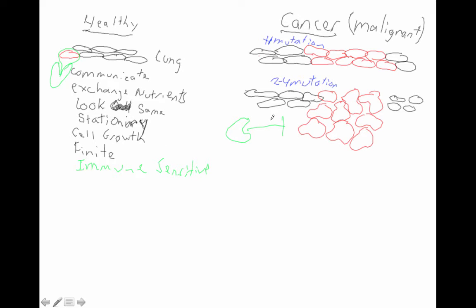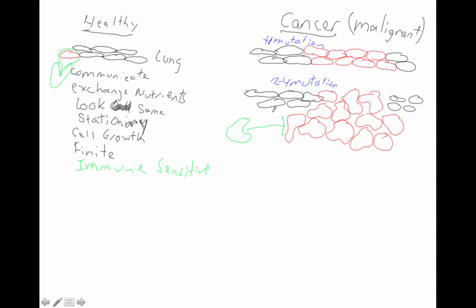Now, one thing that's not clear just by looking is that as these cancer cells begin to grow, and you're still getting the black healthy cells growing here, as they continue to grow, they're taking more and more of the nutrients away from these healthy cells. And so that's another detriment placed on these healthy cells.